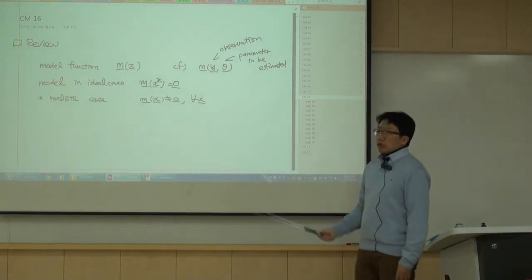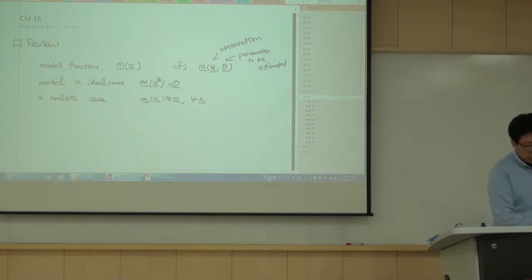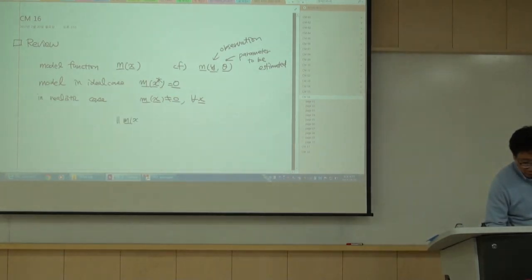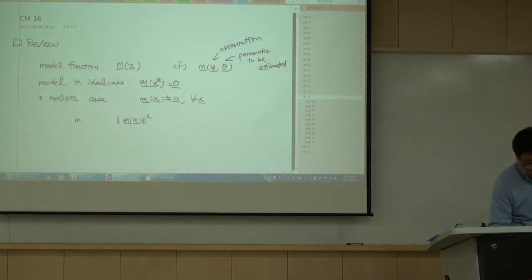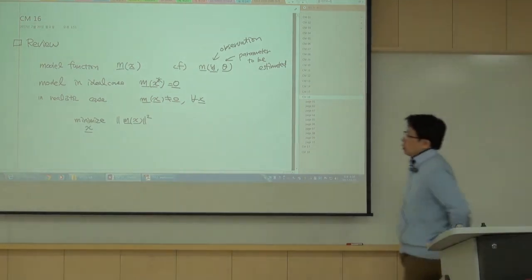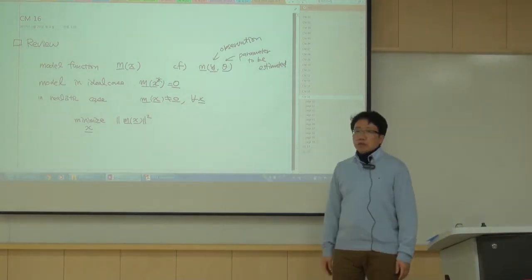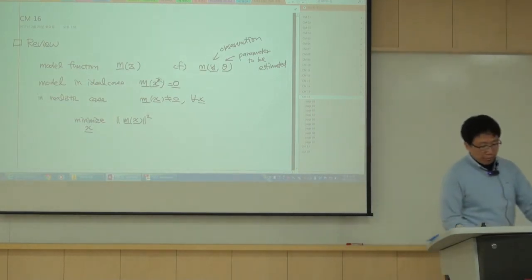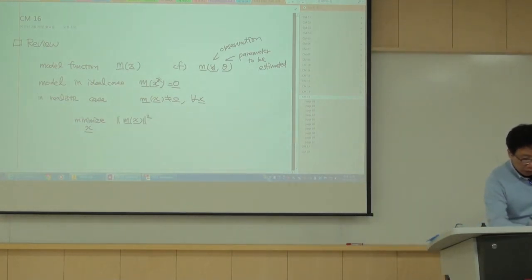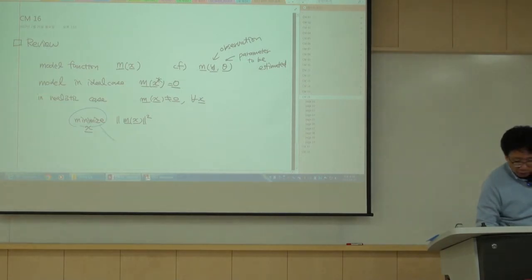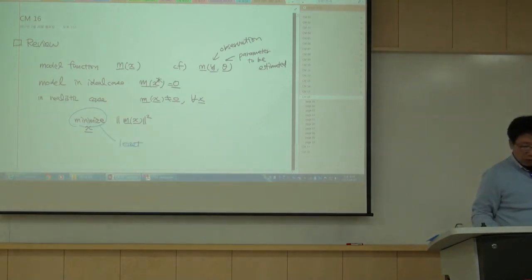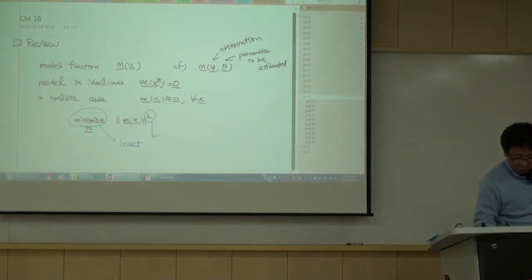So what we do is to minimize the norm square of the model function over the parameter x. So this is the problem of least squares. This minimize corresponds to least, and this becomes squares.